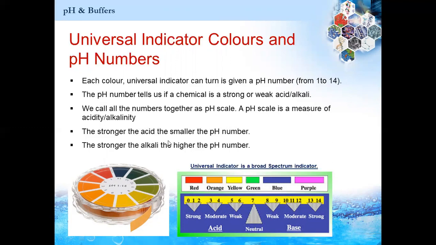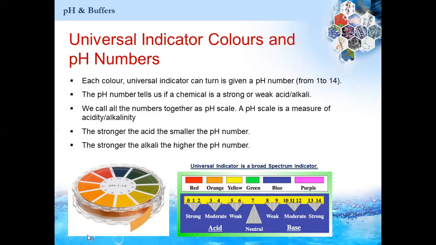The stronger the acid, the smaller the pH number, and the stronger the alkali, the higher the pH number. So using a universal indicator, we can get to know whether the given solution is strongly acidic, weakly acidic, moderately acidic, or the other way around, strongly basic or weakly basic.